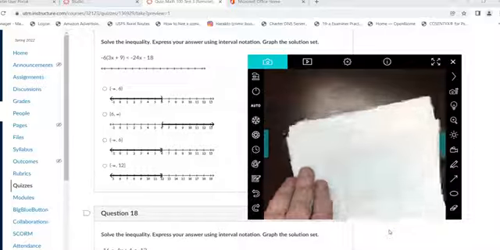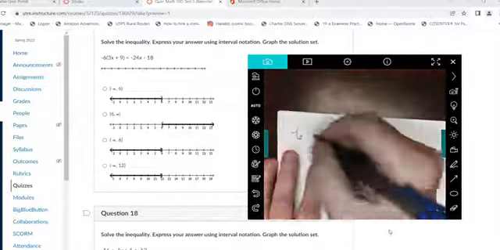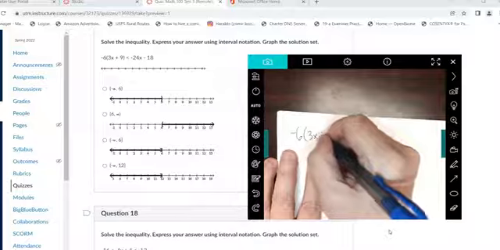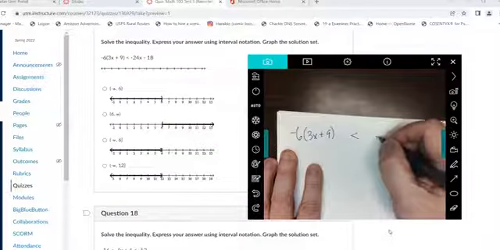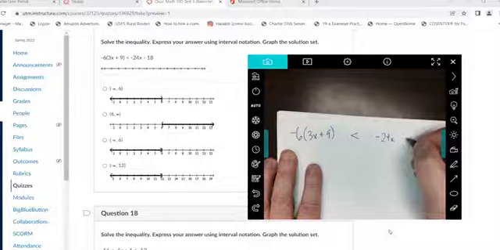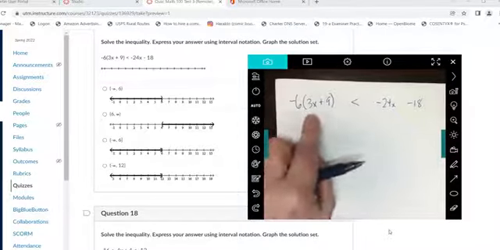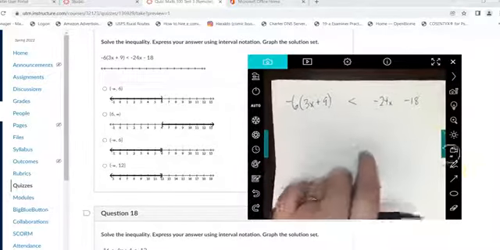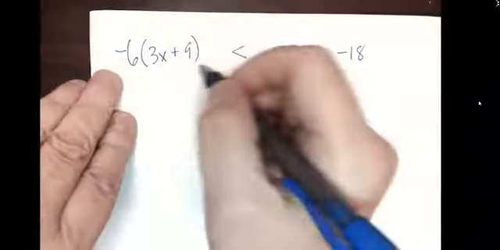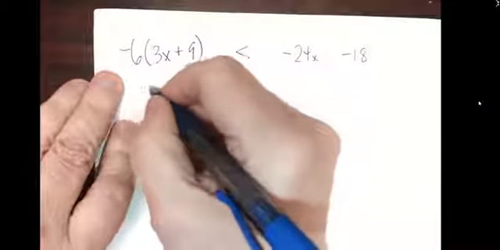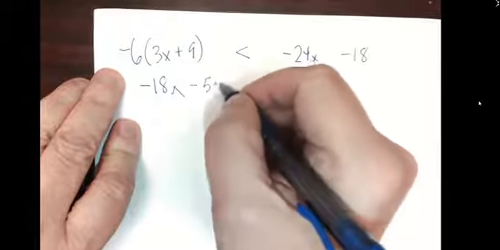So we have negative 6 times 3x plus 9 is less than negative 24x minus 18. Make sure I'm doing that correctly. So I'm going to multiply the negative 6 through, and that's going to give me minus 54.